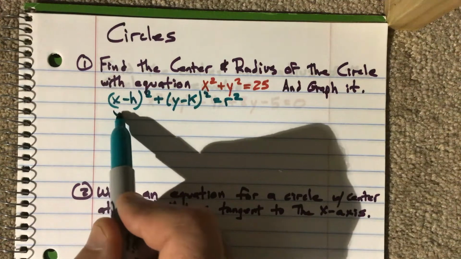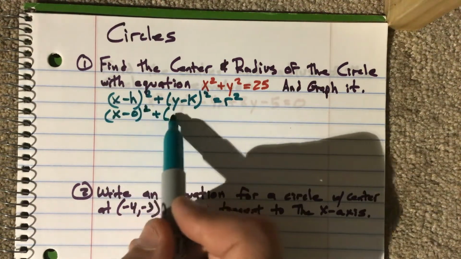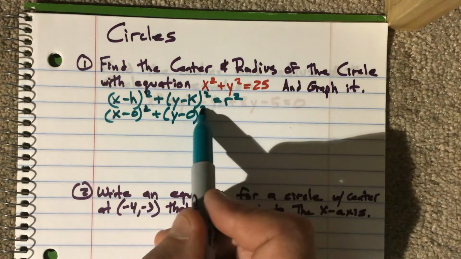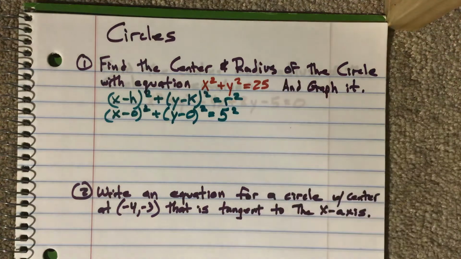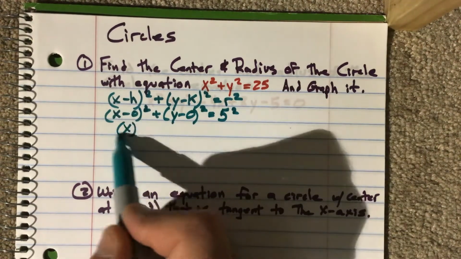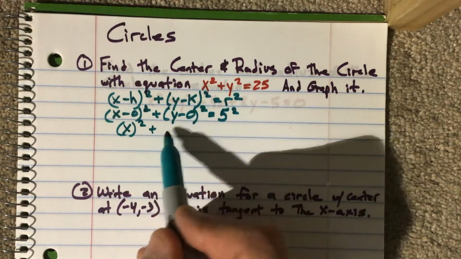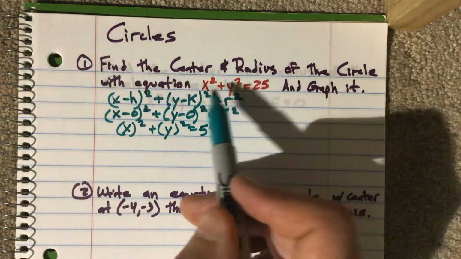So basically you're looking at (x minus 0) squared plus (y minus 0) squared equals 5 squared. That's where we get this 25 right here. x minus 0 is just x, and y minus 0 is just y. So that's what we have going on here.